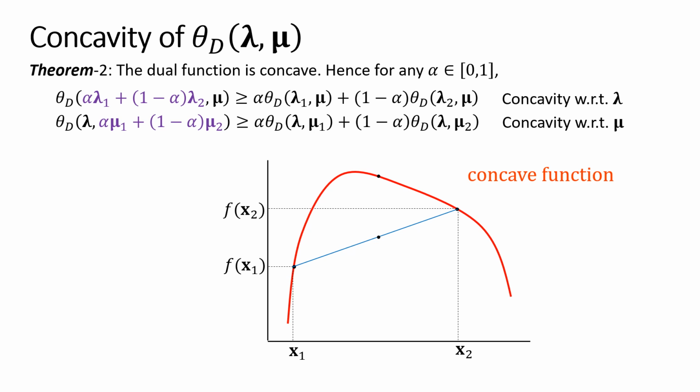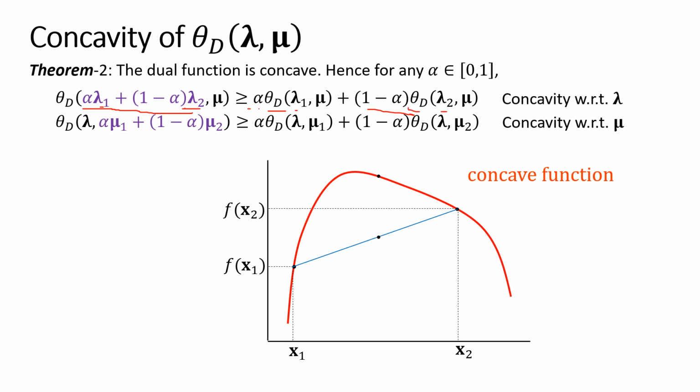Concavity of theta d lambda mu. Theorem 2, the dual function is concave. Hence, for any alpha between 0 and 1, theta d of a convex combination of lambda 1 and lambda 2, which is alpha lambda 1 plus 1 minus alpha lambda 2, is greater than or equal to alpha times theta d lambda 1 plus 1 minus alpha theta d lambda 2.